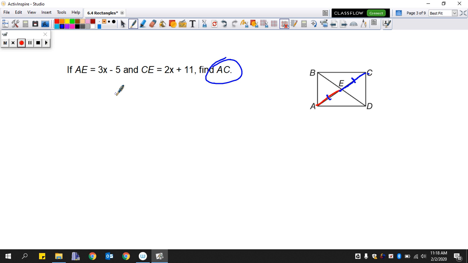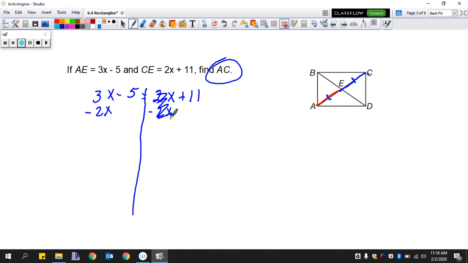But to do that, we need to figure out what our x value is. So we're going to go 3x minus 5 is equal to 2x plus 11. We're going to solve for x, so we subtract 2x from both sides.